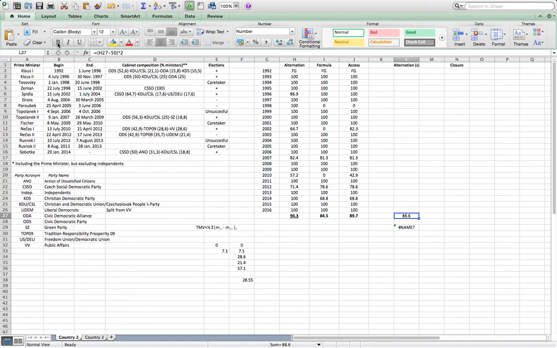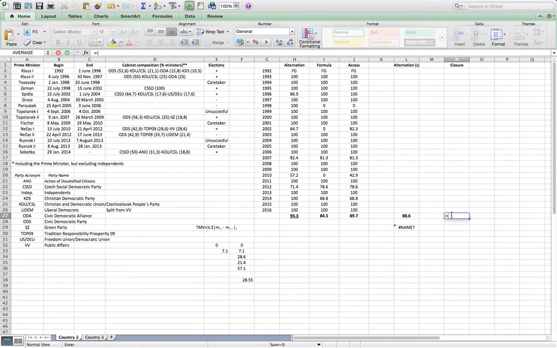And now we have the standardized value for alternation, the value for formula, value for access. In order to finally have the closure score, to see to what extent the Czech party system is closed, we just need to do the mean of all these values.